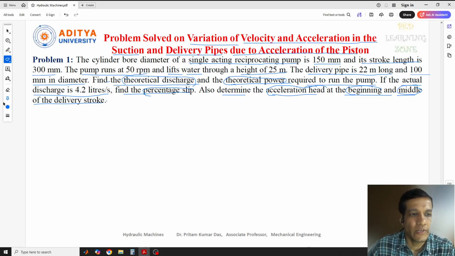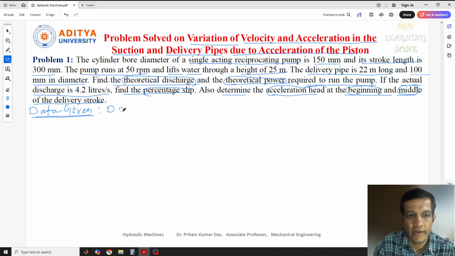First of all, we'll see what data are given. I'll write the data given here, then we'll see what formulas can be used. First, the bore diameter is given, so the diameter of the cylinder D is 150 millimeter, which we can write as 0.15 meter.